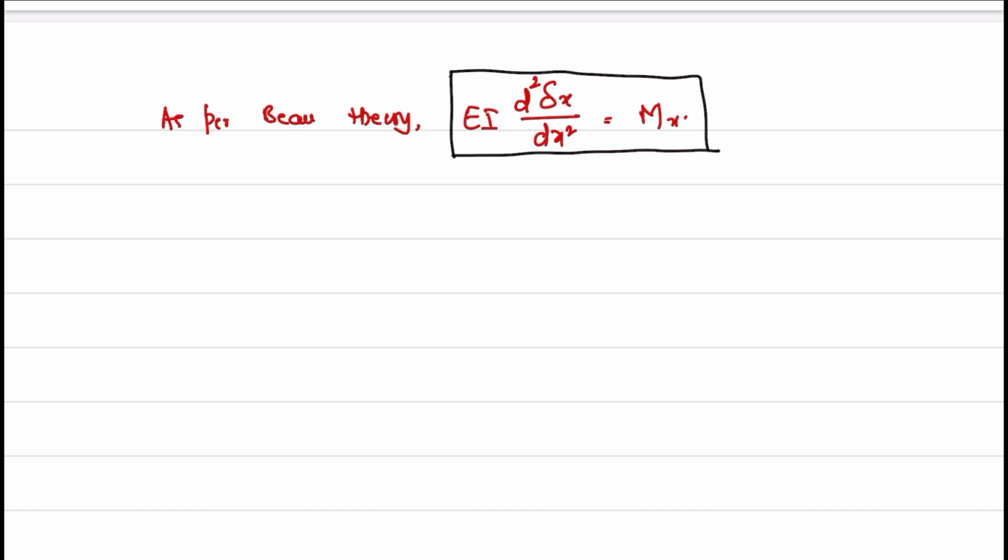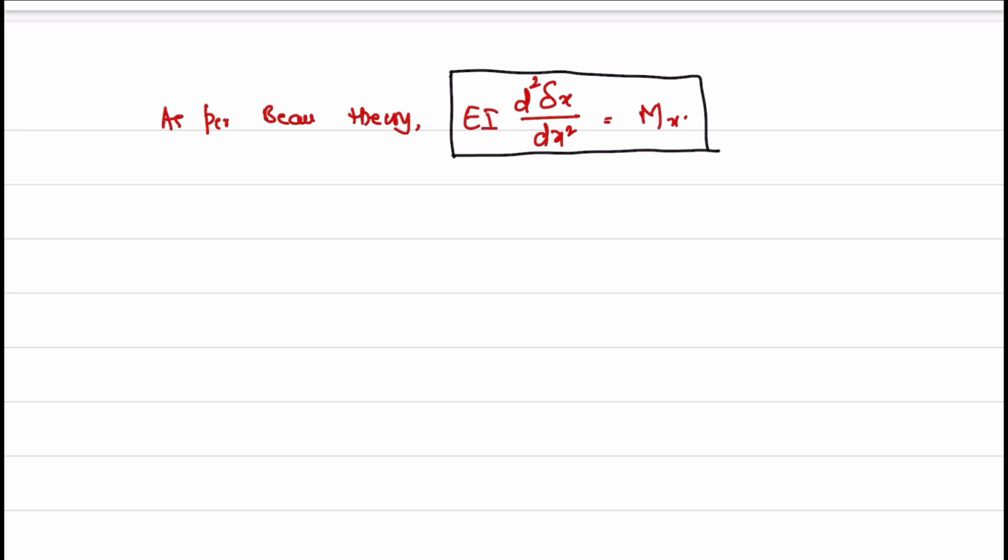One, the first derivative of deflection is bending moment. Two, the second derivative of deflection is bending moment. Three, the first derivative of deflection is a slope.